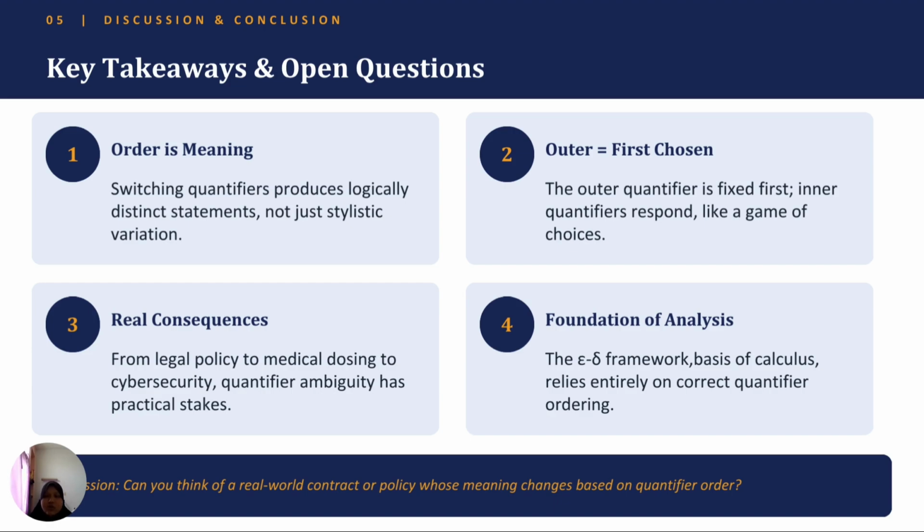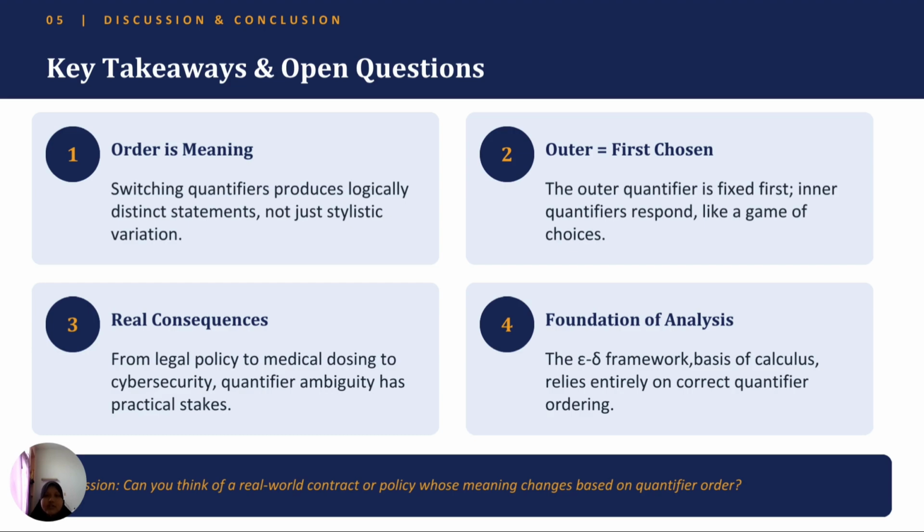Lastly, quantifier order is also important in mathematics. The epsilon-delta definition in calculus depends on the correct order of quantifiers. If the order is wrong, the mathematical statement can become false.